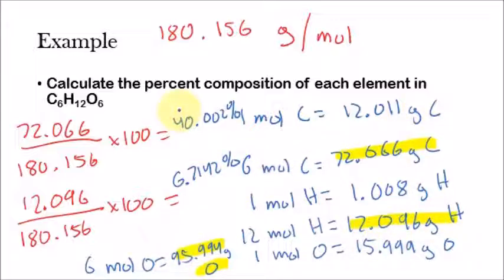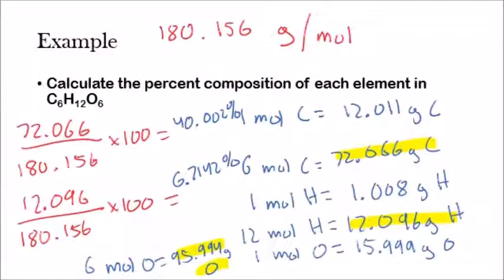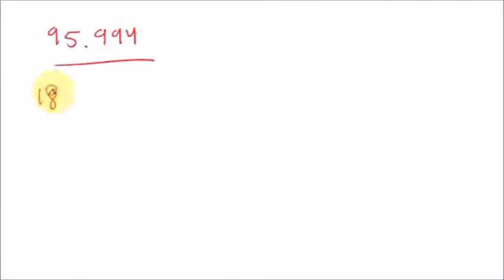I'm going to have to open a new tab for this. Okay, so for oxygen we can take this mass, 95.994, divided by the molar mass, which was what, 180.156, and then multiply that by 100.